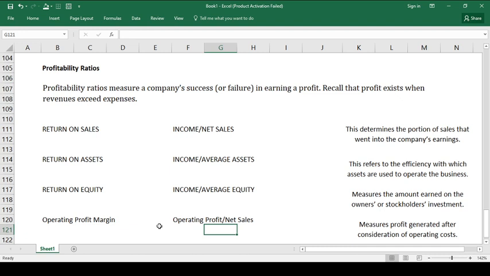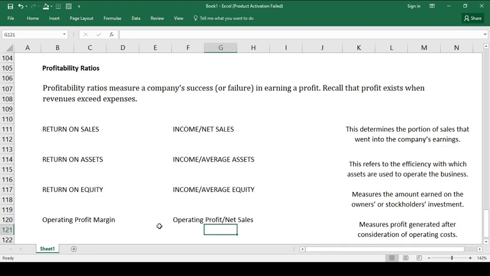Ibig sabihin, if the return on asset is quite higher, it means that the company has effectively and efficiently used its operating assets to earn too much profit. That's the purpose of return on assets.